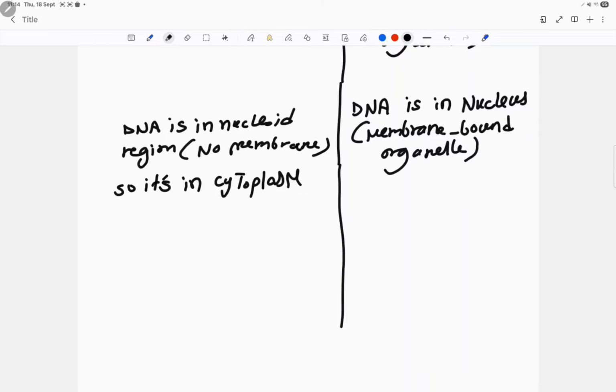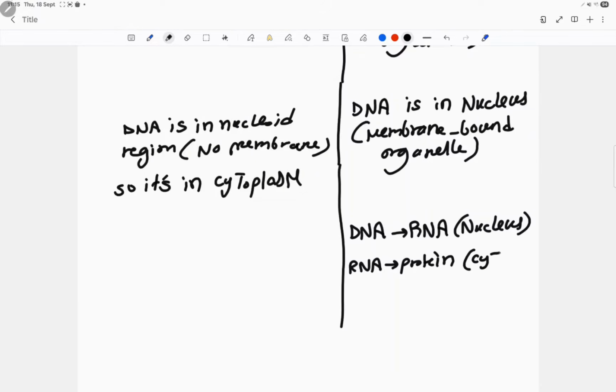But ours is outside of the cytoplasm. It's in the nucleus. So now if you want to go from DNA to RNA in a eukaryote, you must do it in the nucleus. You want to go from RNA to a protein in the eukaryote, you must do it in the cytoplasm.